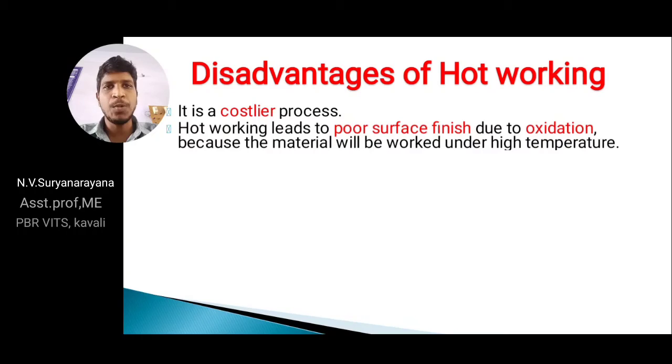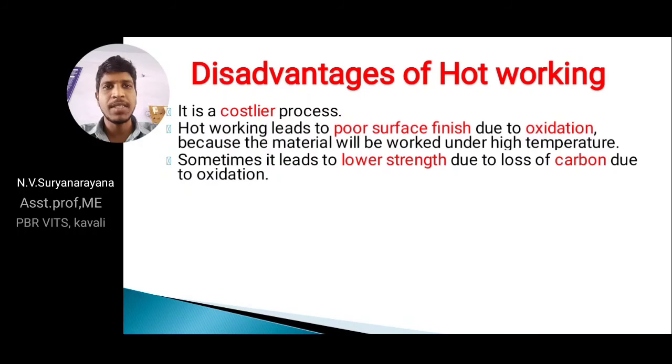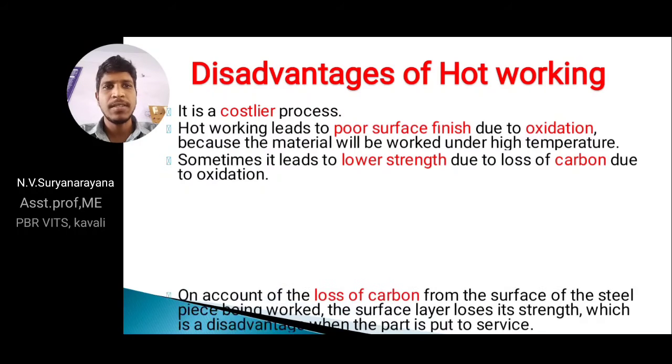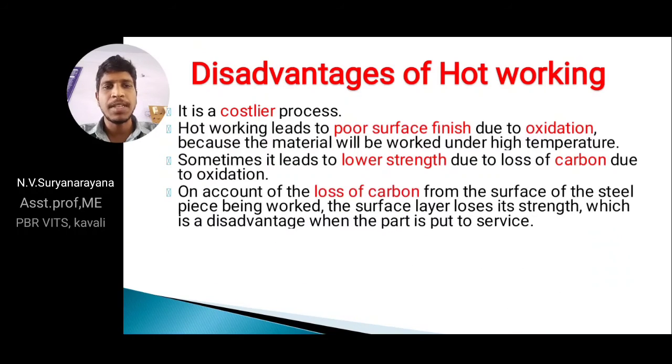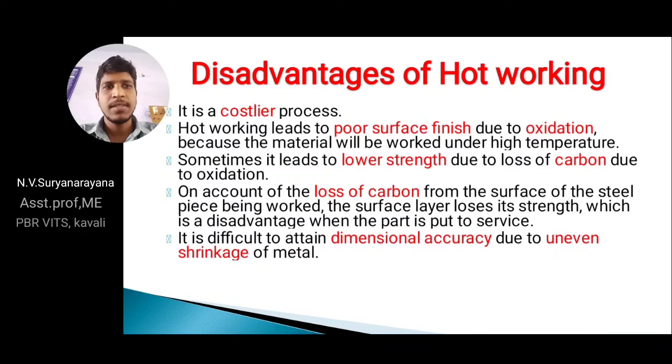Hot working leads to poor surface finish due to the presence of oxidation. The material loses its strength. At higher temperature, sometimes it leads to lower strength due to loss of carbon content. Also, it is difficult to attain dimensional accuracy, and there is uneven shrinkage of metal.